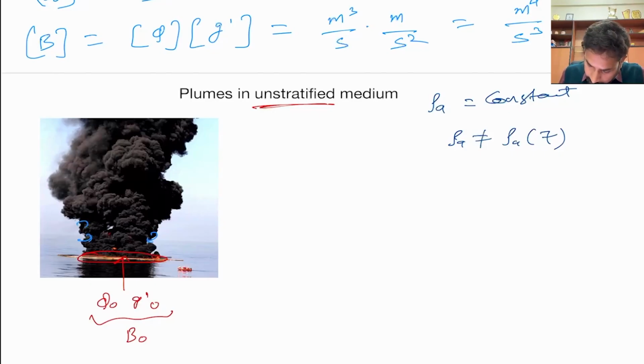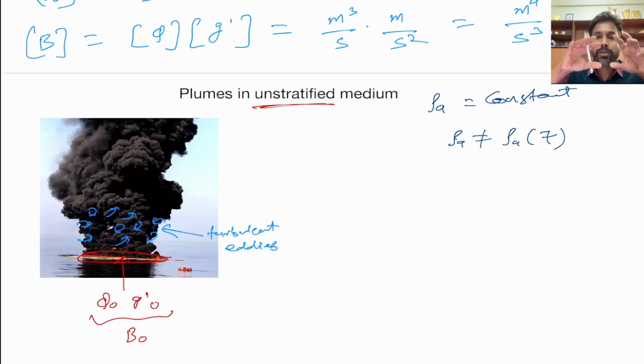It has turbulence, turbulent eddies that engulf or mix ambient fluid into itself, and there are different kinds of processes happening. There is the shear mixing that we discussed, maybe molecular diffusion, everything happening together. And this overall process is called entrainment.